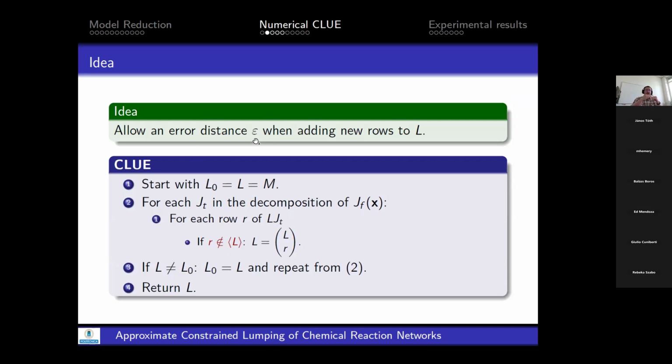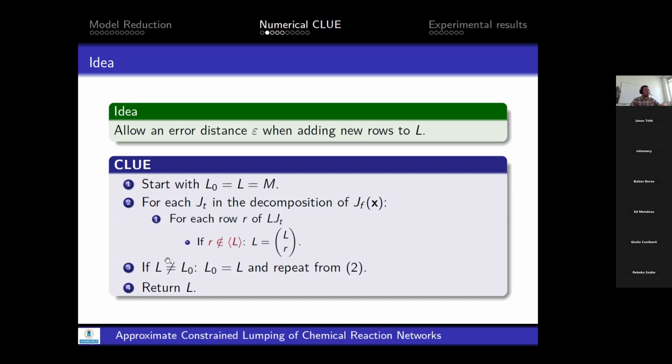Whenever we add a new row, we allow this distance to our space. If you are closer than this distance, then we understand that the vector was already in the space, but we were making some numerical mistake, and we don't add the row. And if we are far away from the space, then we add the row.